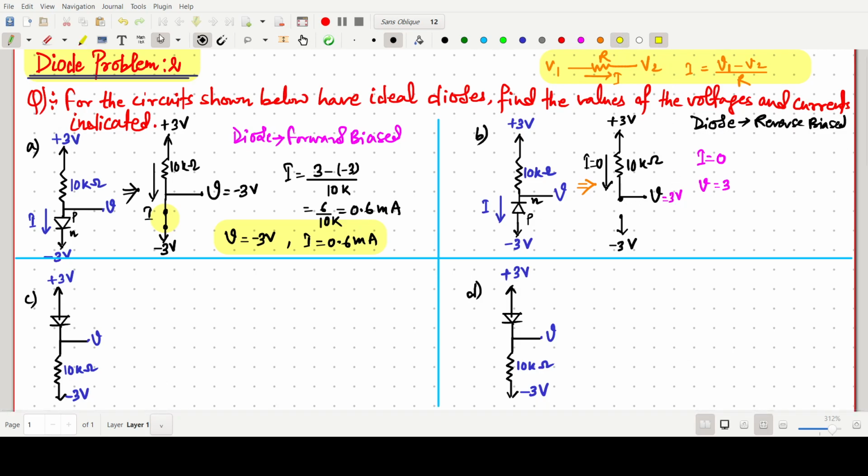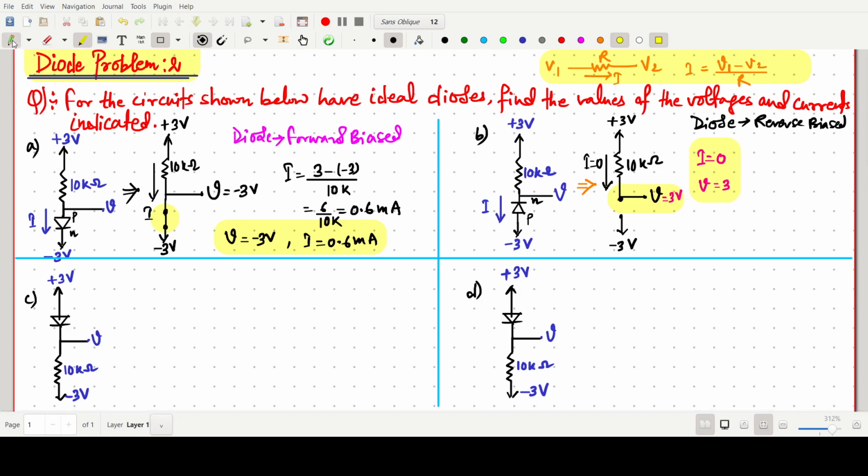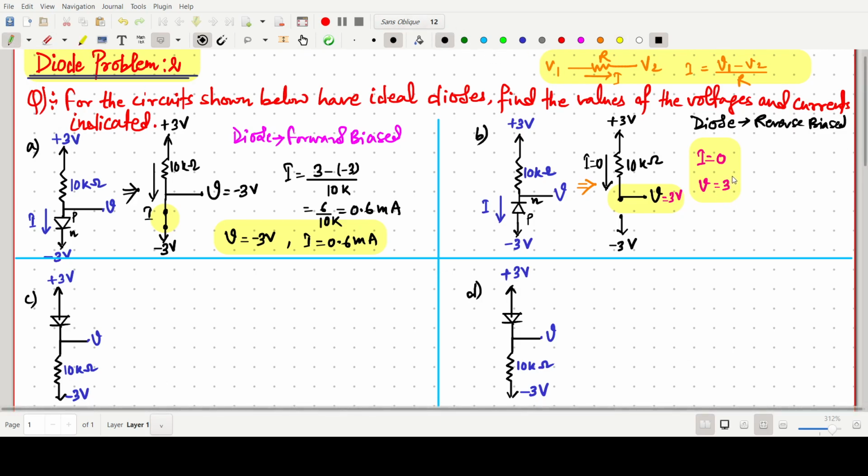Okay, so this one is also simple. So the value of I is 0, because this one is open, no current will flow, open circuited. So why is it 0? Because this potential will be 3 volt. So just simply I equals 0 and V equals 3 volt.